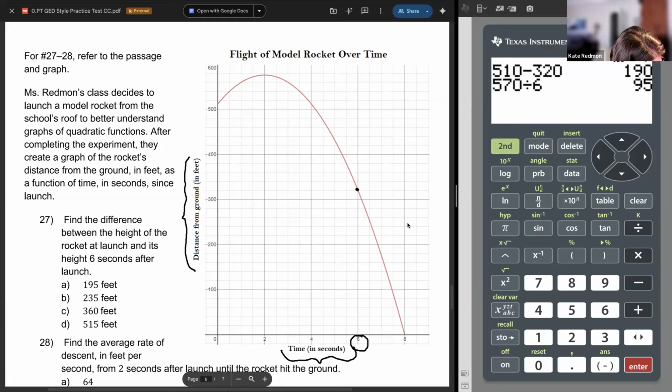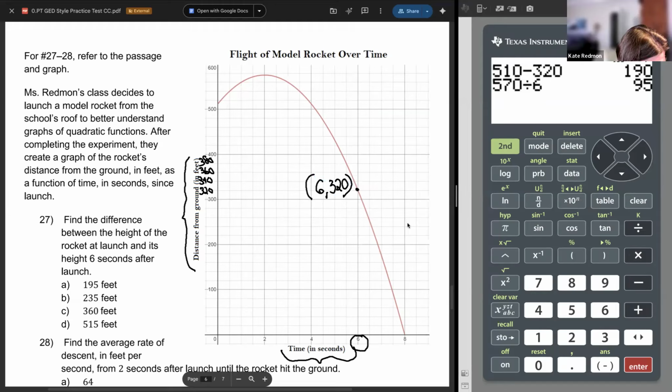I'm looking at these measurements and I see 1, 2, 3, 4, 5 pieces. And so it's breaking 100 into 5 pieces. It's breaking it into 20s. So 320, 340, 360, 380, 400. That makes sense. Okay, so where am I at? I'm at 6 seconds and about 320 feet.